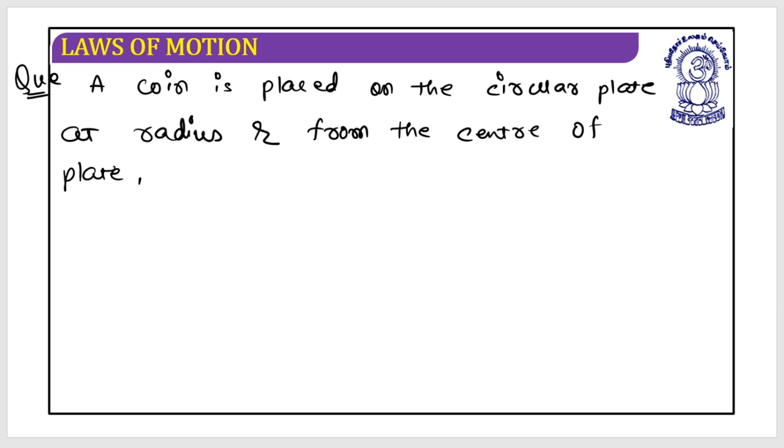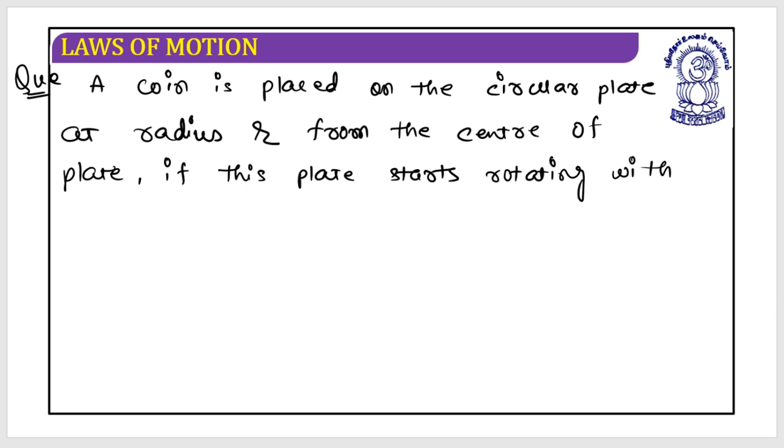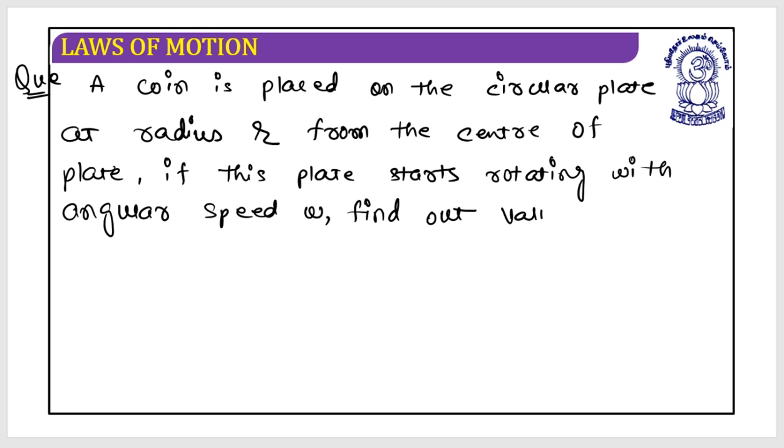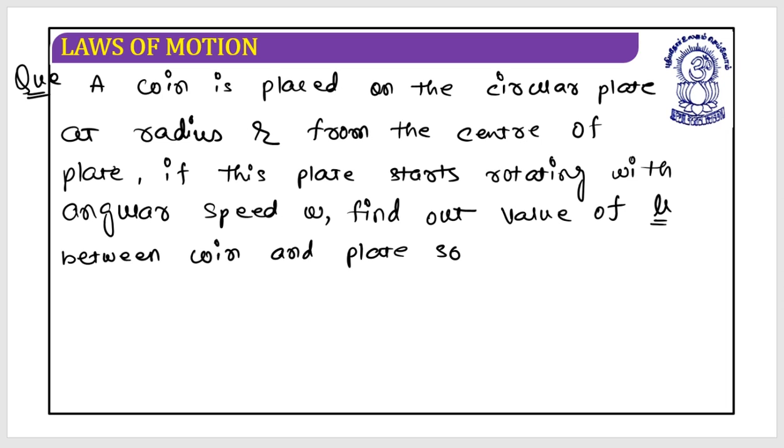Now if this plate starts rotating with angular speed omega, find out the value of mu, the coefficient of friction between coin and plate, so that the coin does not slip out.